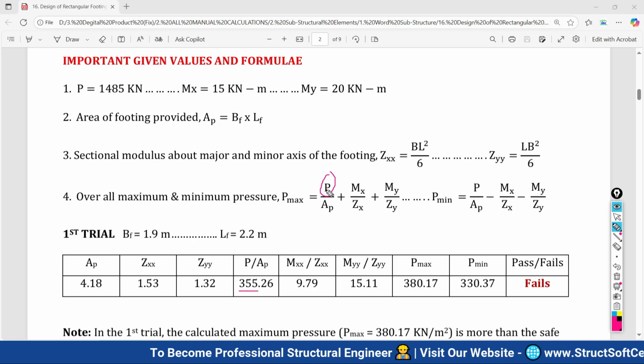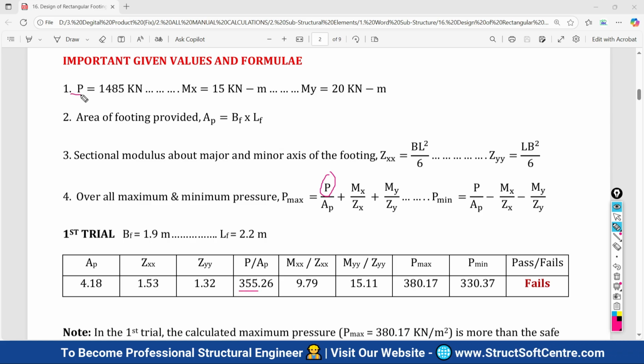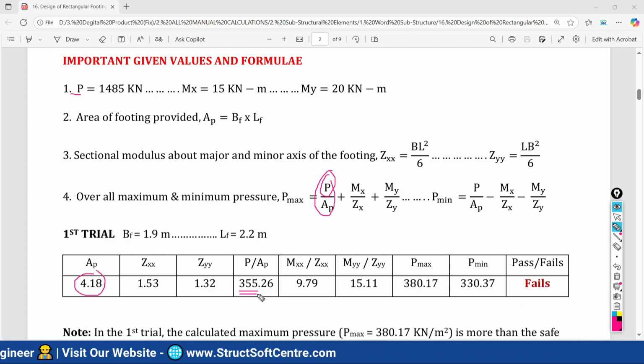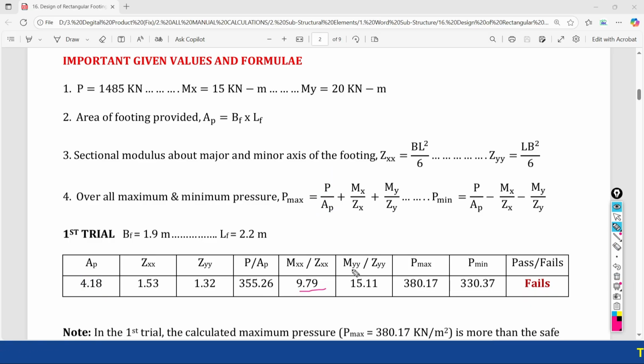We have the total P value and the total AP value. If you take this ratio, you will get 355.26. Now moment about the major axis divided by sectional modulus about the major axis, we are getting 9.79. Moment about the minor axis divided by sectional modulus about the minor axis, we get the value of 15.11.